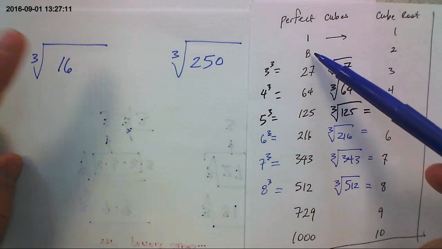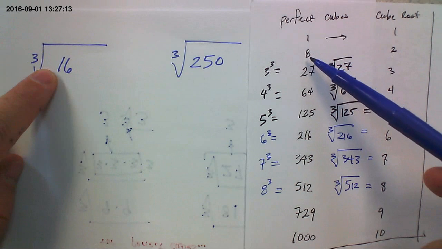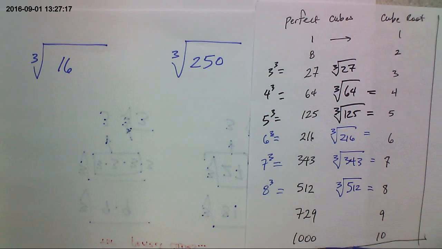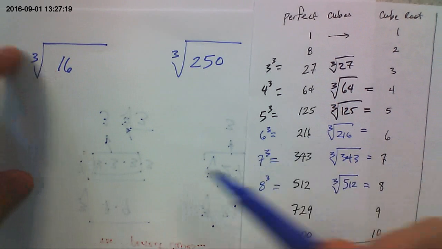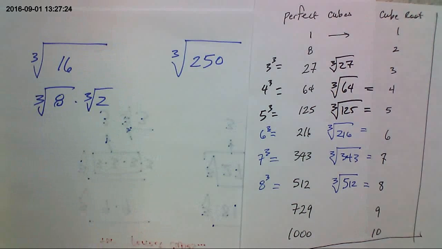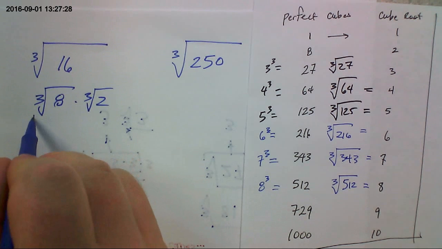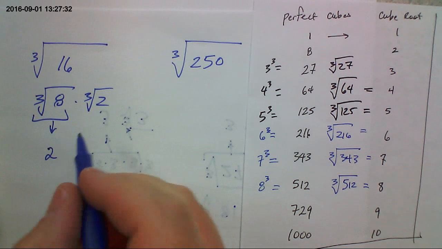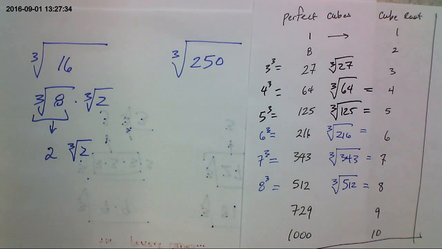That's that. Easy. 16. Is there one of these numbers times 2 that equals this? See? So this is 2. And this part, cube root of 2.